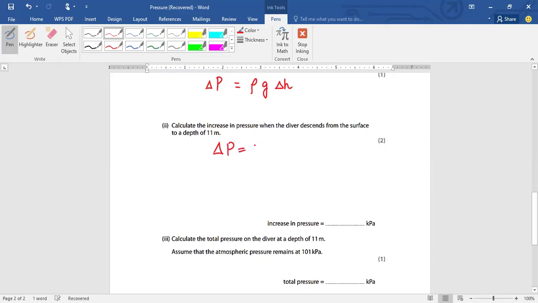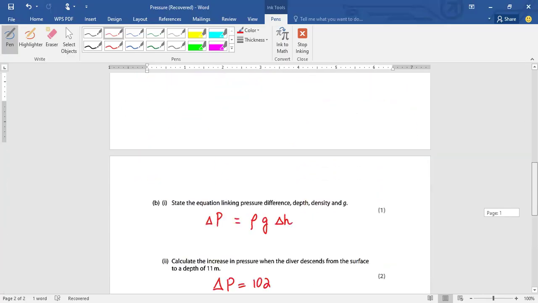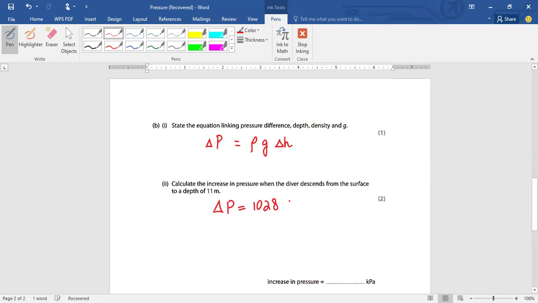The density of the liquid, what was the density? It was 1028, right? 1028 times 9.8 times 11. What should be the answer? Let me know. 1.1 times 10 to the power of 5, or you could say 110,818.4.